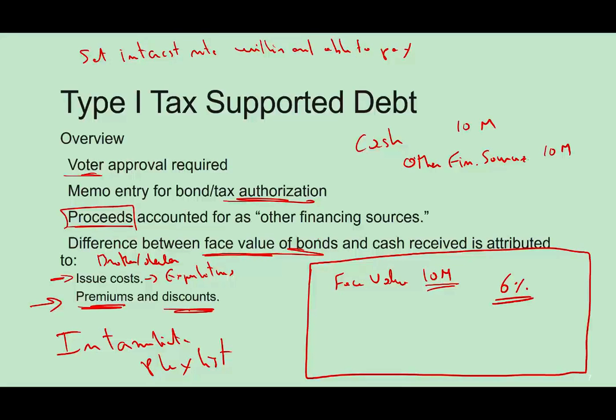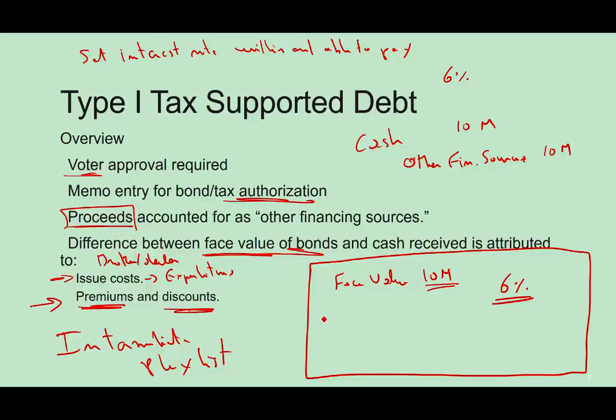Let's assume we have one borrower who would like to give them the money. The borrower will give them $10 million now, and would receive every year 6%, which is $600,000 per year. That's fine and dandy. The government is paying 6%.